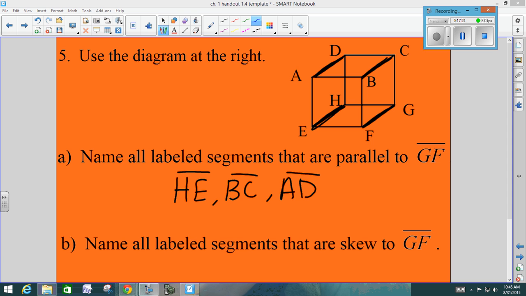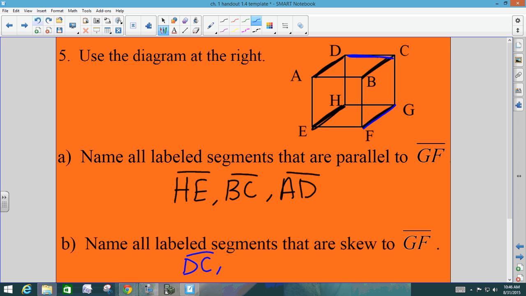And then you have to find the segments that are skewed to GF. Sid? DC. Maddie? I just didn't hear what you said. Skew to GF? What's it mean to be skew? Not intersect.